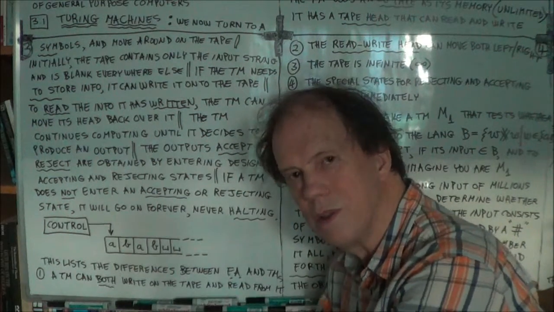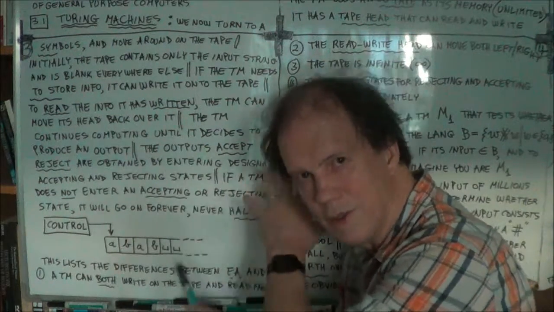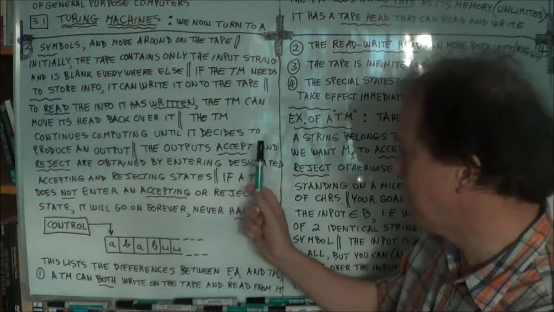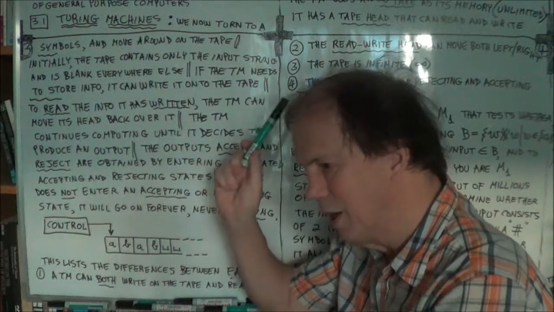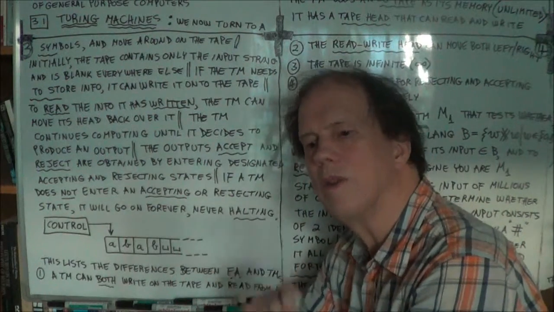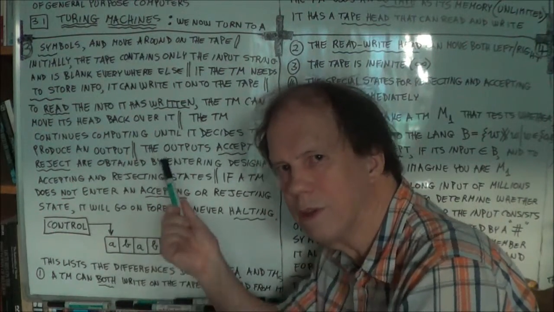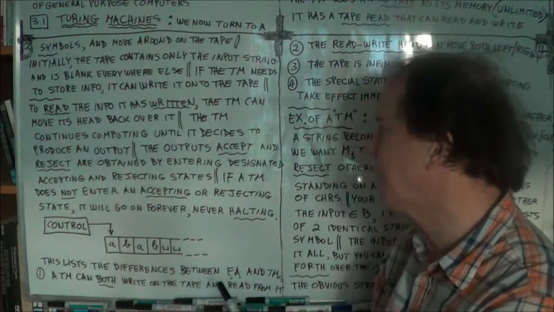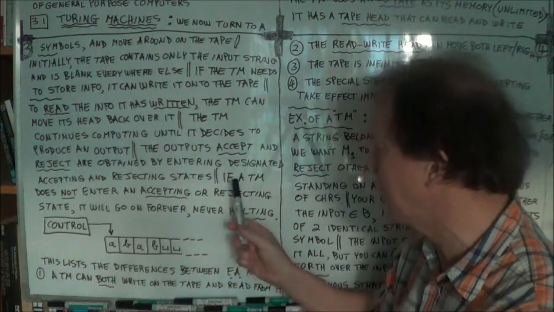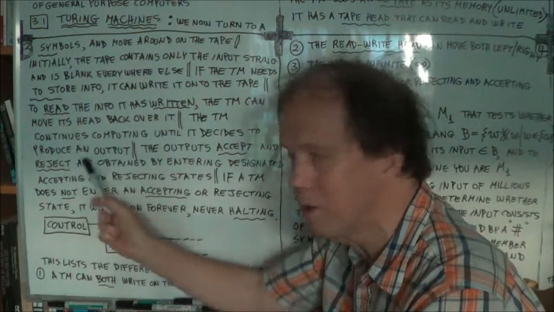So the model we're giving you now is deterministic. Okay, what else can we say? So there's only one accept state and one reject state, and until the machine gets in one of those two states, it will just keep going, right? Infinitely if needed, right? And it'll just go on forever until it lands in either an accept state or a reject state. And there's only one of each, and these two are different.